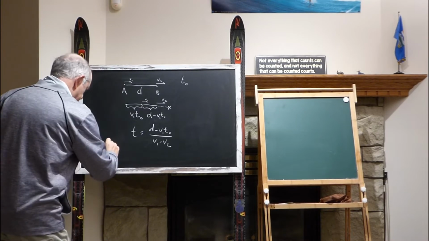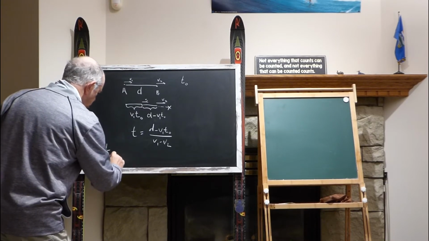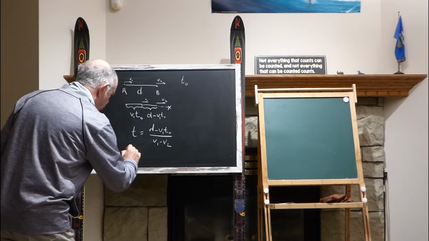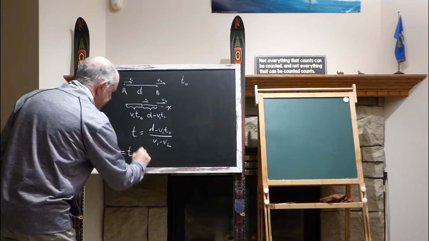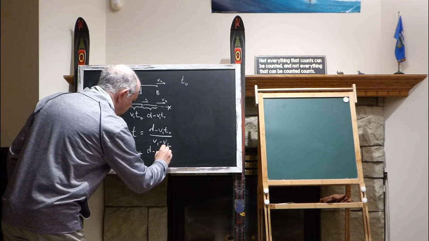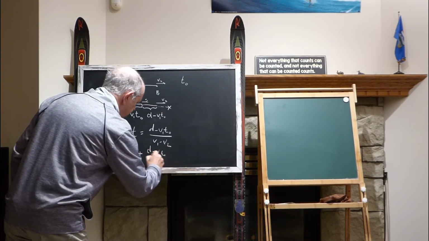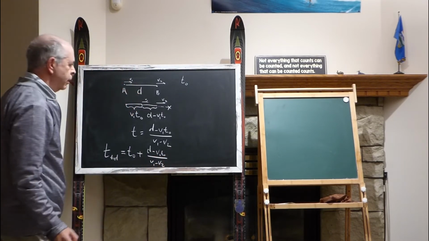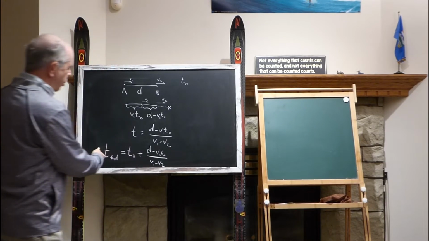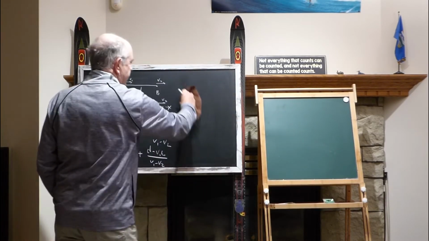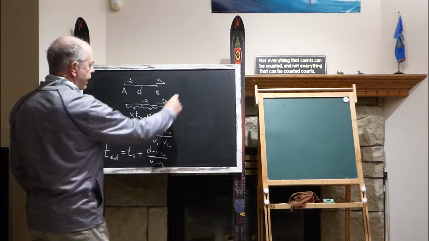So it would be t total, t0 plus d minus v1 t0 divided by v1 minus v2. Okay, so let's put it to the common denominator, and let's continue writing here.